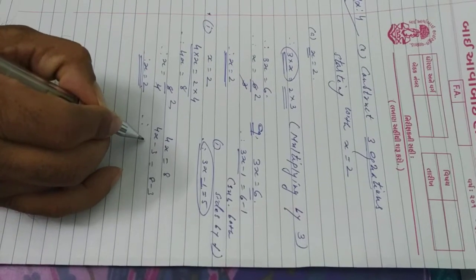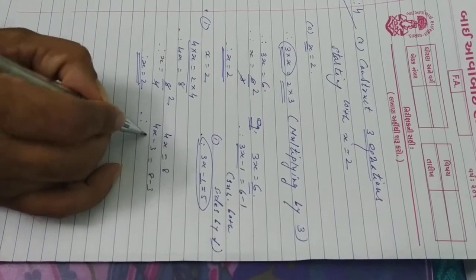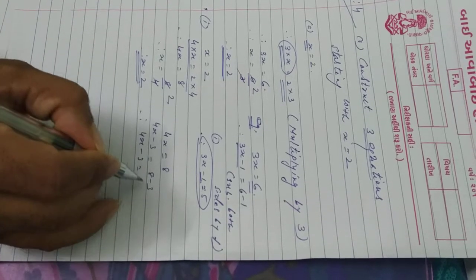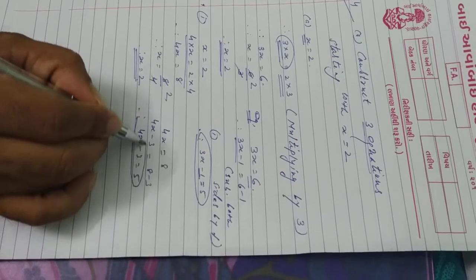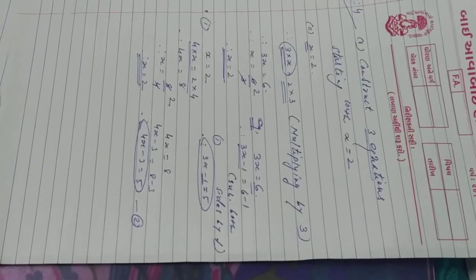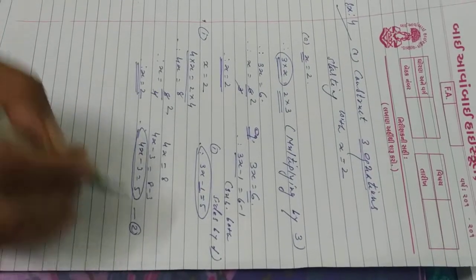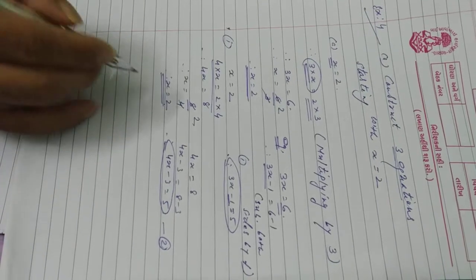Therefore 4x minus 3 is equal to 8 minus 3, 5. So we can say it is our another equation. 4x minus 3 is equal to 5. So like this way you have to make another equation, right? Third, you have to make yourself.